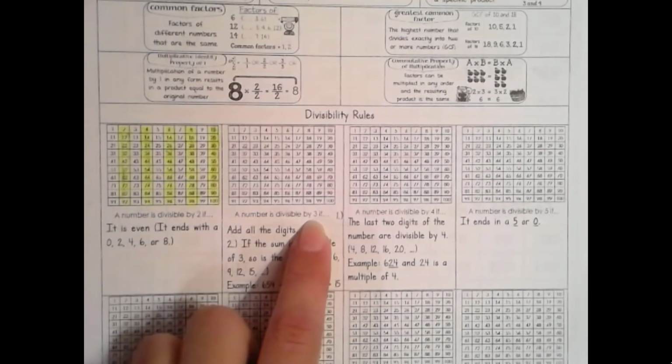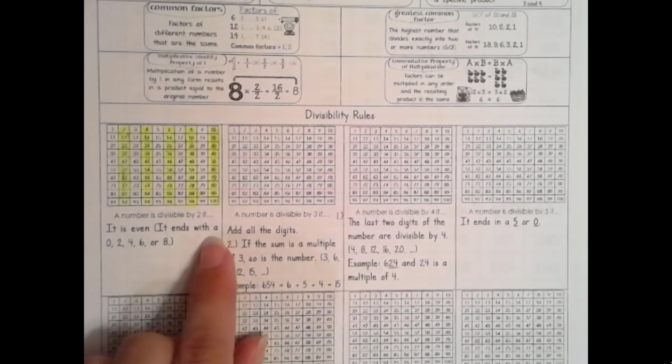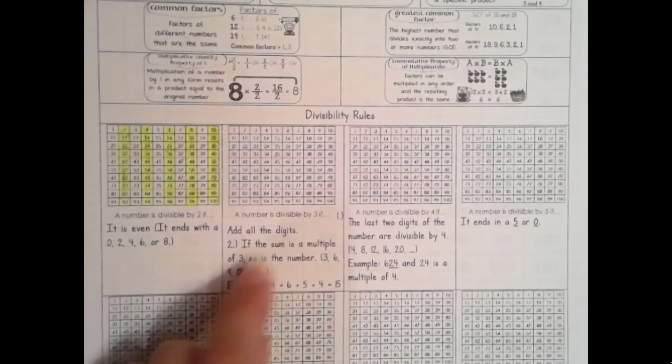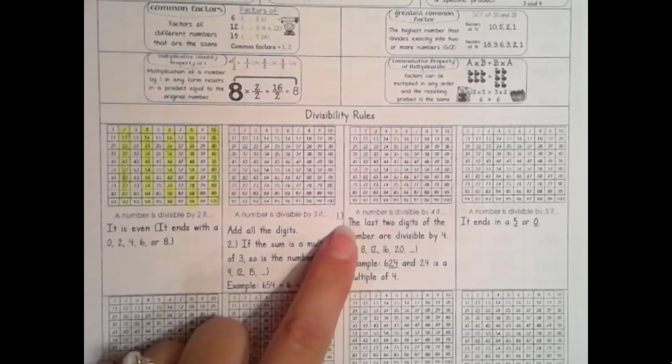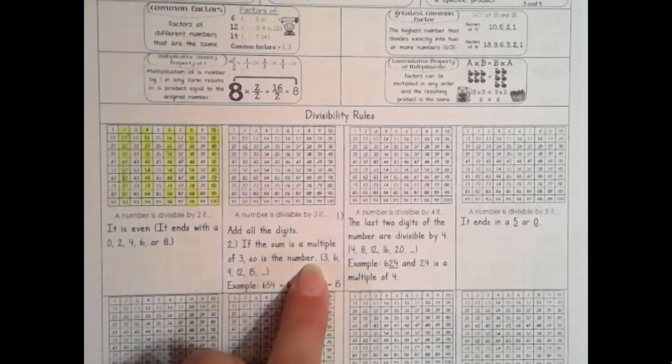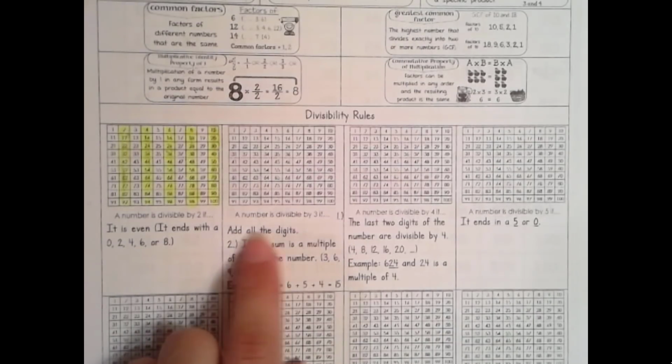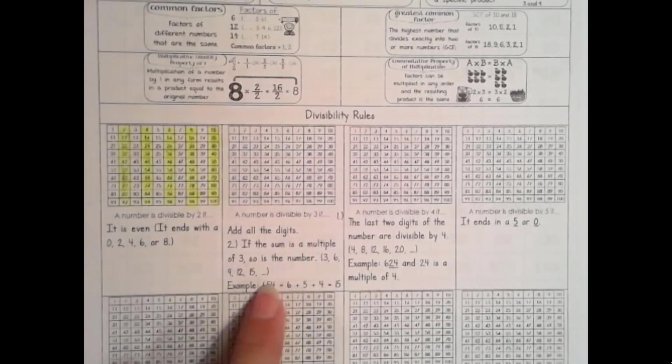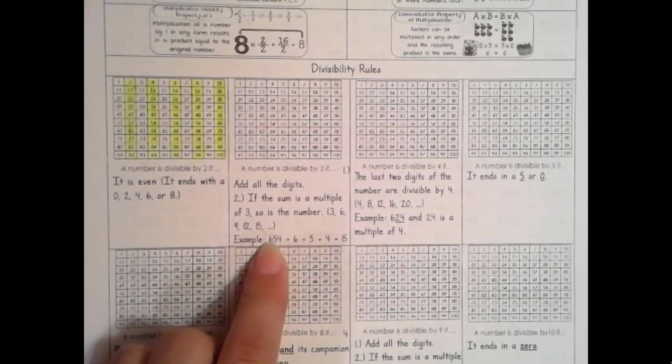A number is divisible by 3 if you add all the digits. First, you add all the digits. Second, if the sum is a multiple of 3, so then is the number: 3, 6, 9, 12, 15. So we add all the digits in the number. For an example, 654.